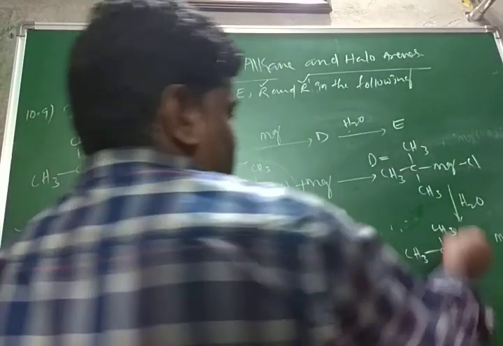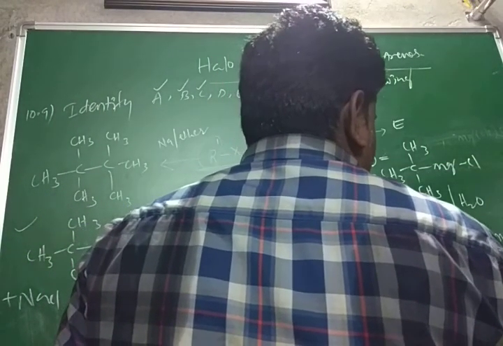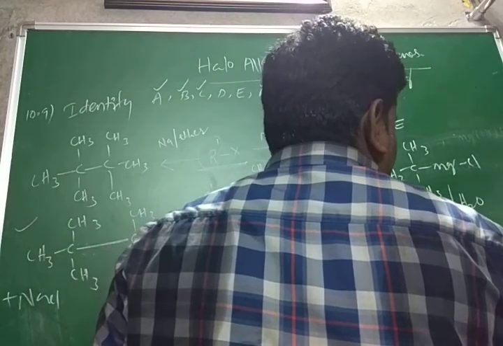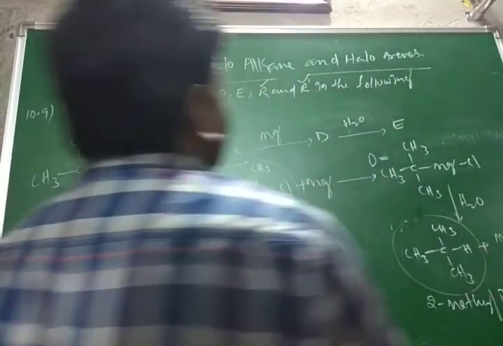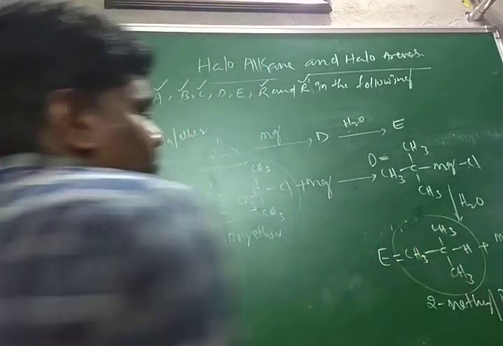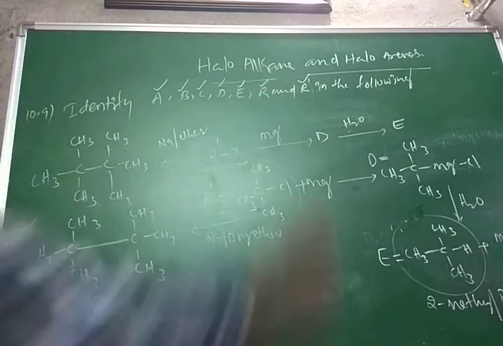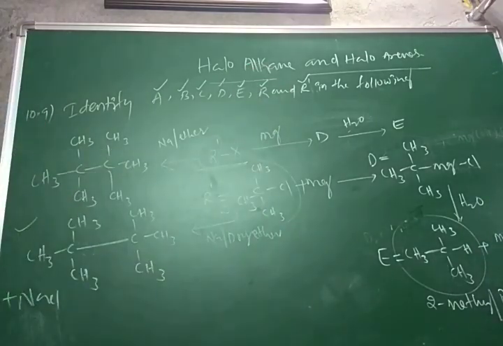So 2-methyl propane is the product of E. E is 2-methyl propane. D over, E over. These are the complete reactions and A, B, C, D, E, R and R dash.